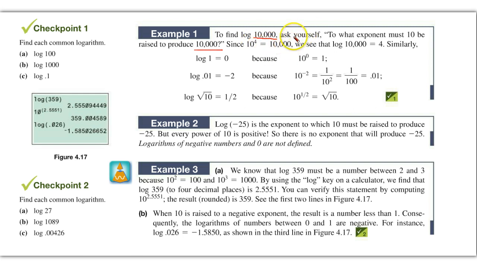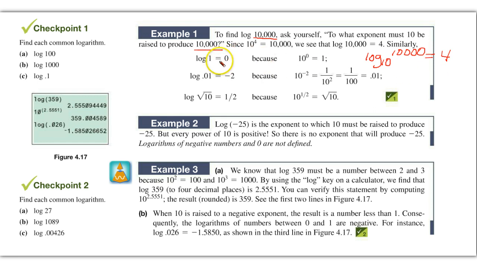Now to put that in its log form, it's going to be log, your base is 10, and your answer is 10,000, and the exponent is 4. So there's the logarithmic form.